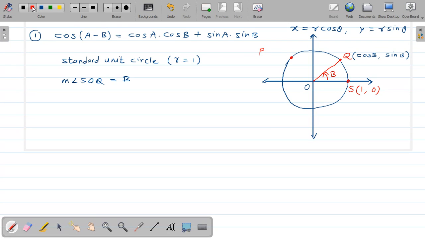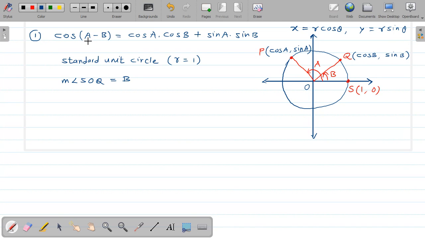Now with respect to this point P, if I join OP, and we measure this angle from the positive x-axis, then this will be angle A. For our convenience, we consider the angle A with respect to this point P. Now, as per our previous knowledge, the coordinates of point P will be cos A, and the y coordinate will be sin A.